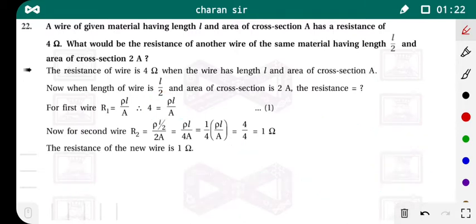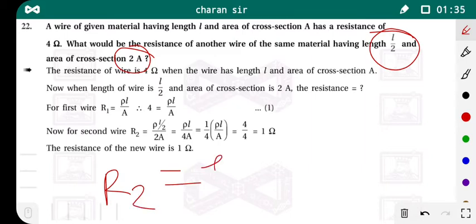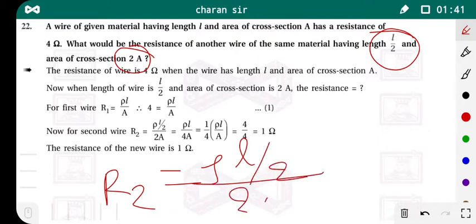Now you have to find out the resistance of the second wire whose length is L by 2 and the cross section area is double. For that we indicate the resistance of the second wire by R2, that is rho, but the length of the second wire is half, that is L by 2, and the cross section area is double, 2A.